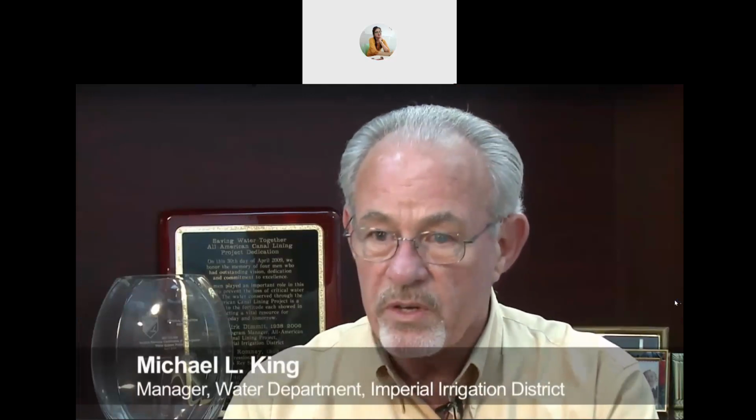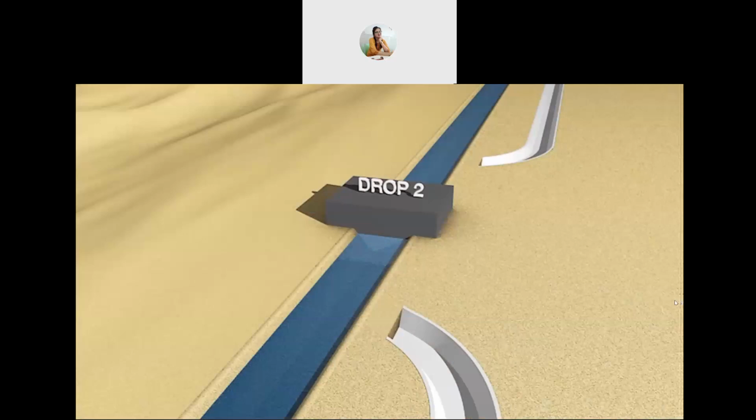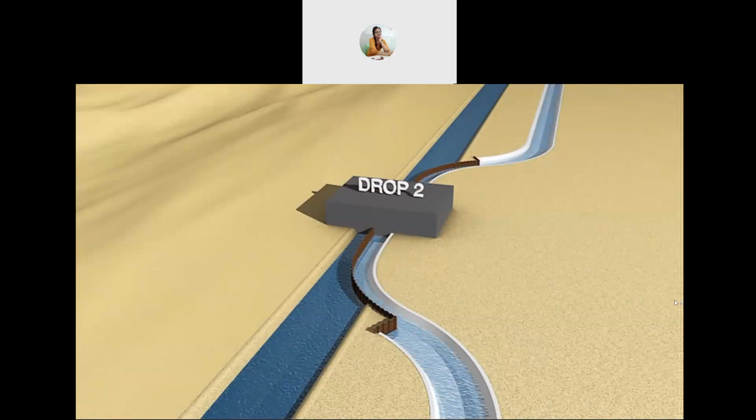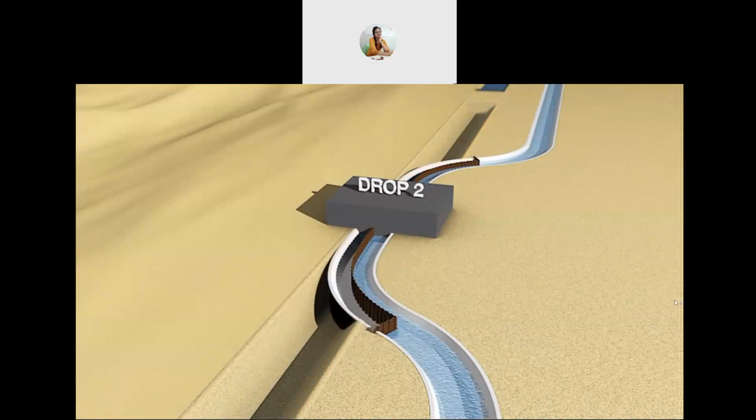Those were the challenges. How do we tie this new concrete canal back to the old drop structures without interrupting flow? And so there were some unique things done on sheet piling, doing half the canal at one time and driving the sheet piling, cutting it off, dewatering it, putting in the concrete lining, and then pulling the ends out, letting water start flowing back through, and flipping it back over and doing the other side.